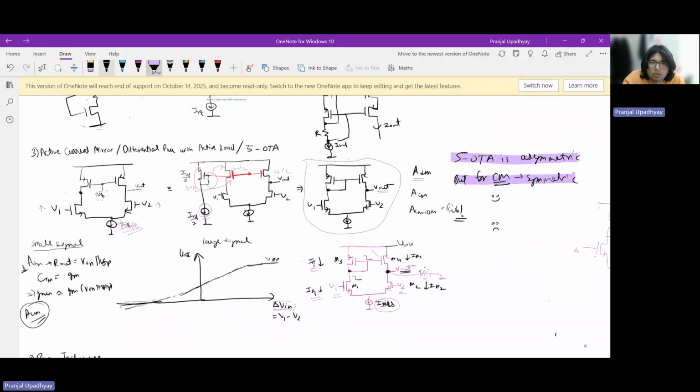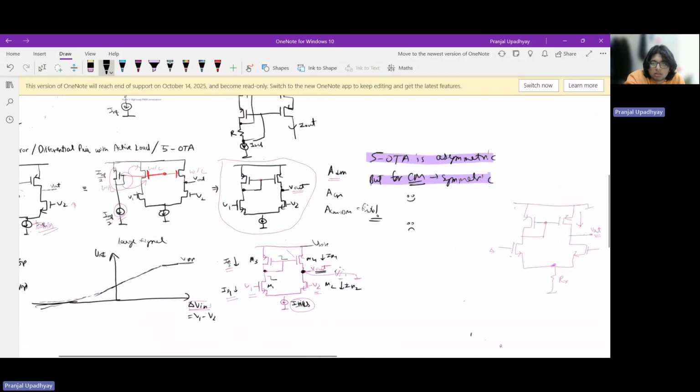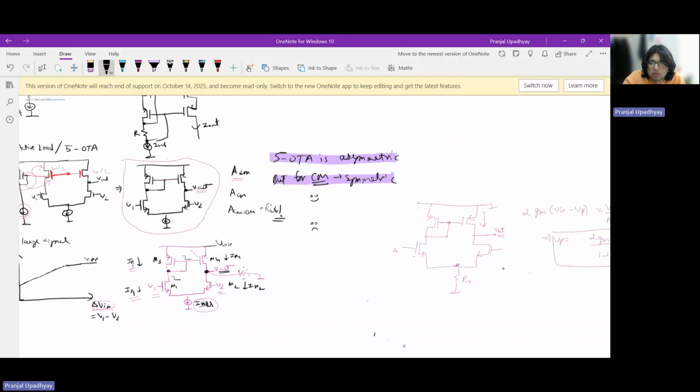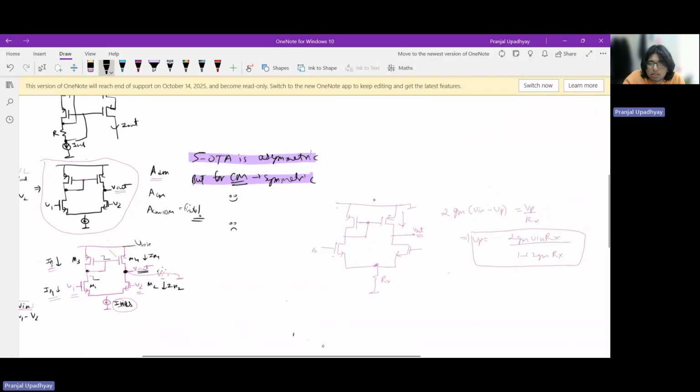What I'm trying to convey is that I'll just try to show on this circuit how the circuit behaves symmetrically. Say that VCM and VCM both increase by the same amount. Why I'm saying the circuit is symmetric is that if I'm increasing both these node voltages by the same amount, and if this circuit is symmetric, that implies that this node voltage and this node voltage are the same.